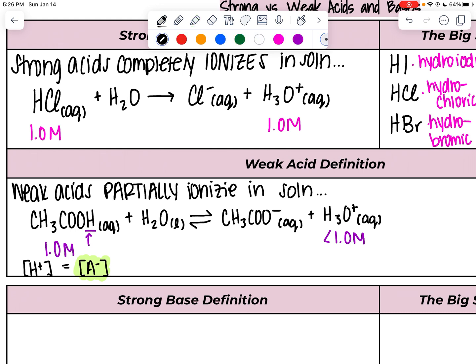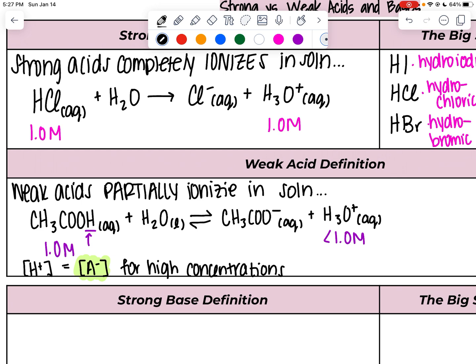So we can use A- as just like a placeholder to write the conjugate base. So this is true for high concentrations. Again, though, I am not going to make you do any calculations with these weak acids, weak bases. This is just extra information that I think is good for you to know.